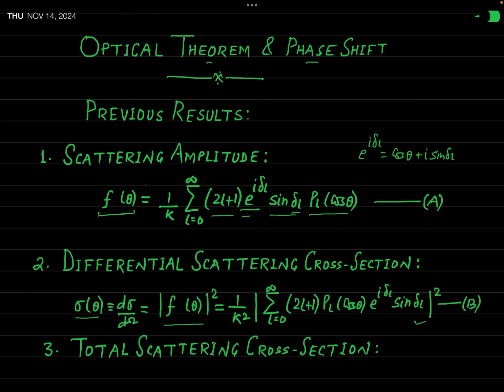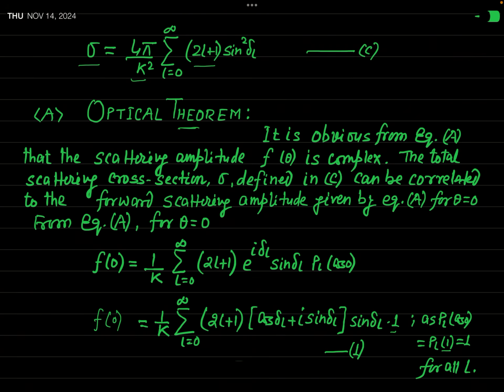It will have a real part in terms of this cos delta L, and it also has an imaginary part in terms of this sine delta L. So in fact, a scattering amplitude is a complex quantity. But the expression for sigma, the total scattering cross section, is a real physical quantity, not a complex one.